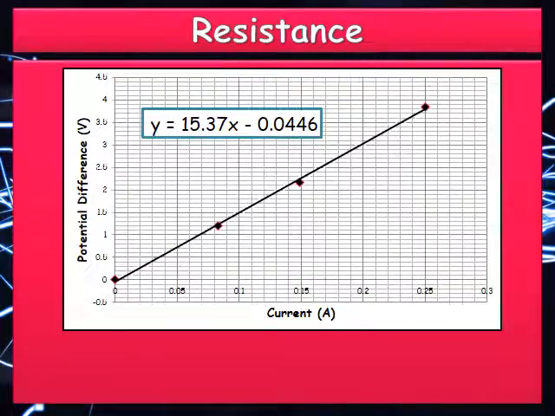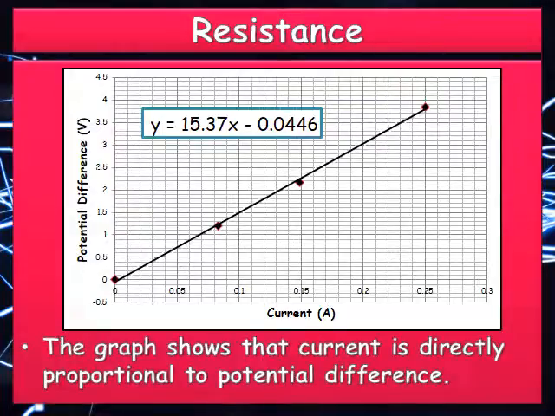So if you look at the resistance for a component and measure the voltage and the current for that component and change the voltage and or current, well, actually change the current, you get a plot of voltage versus current. Okay, and this graph shows that because it's a straight line relationship, current is directly proportional to potential difference. So current is directly proportional to the voltage.